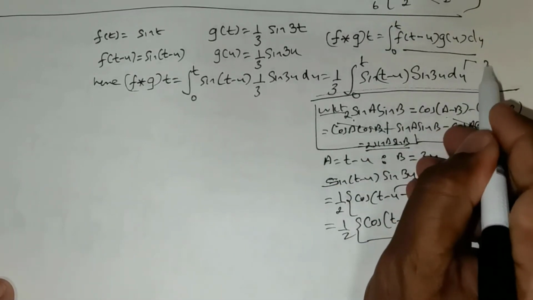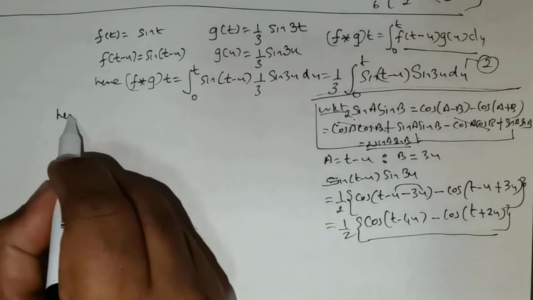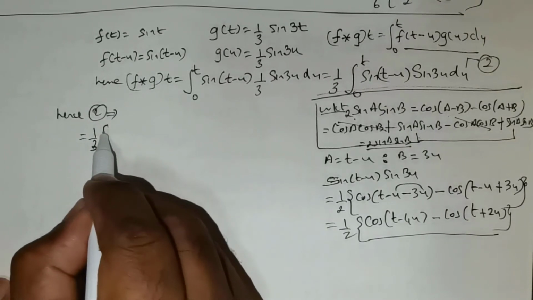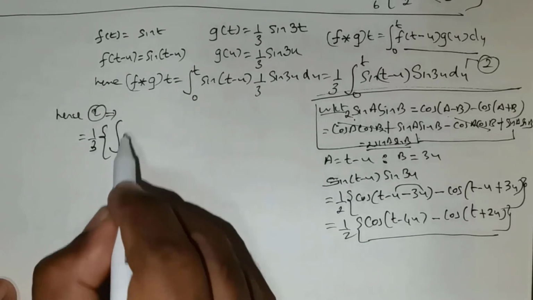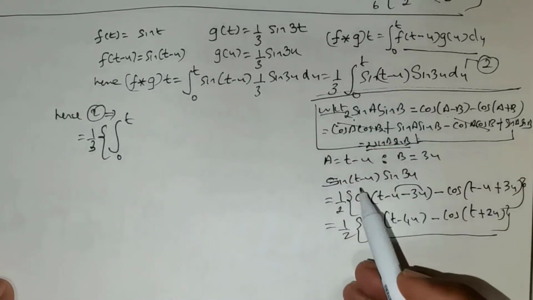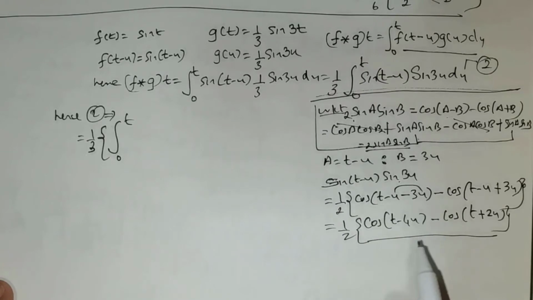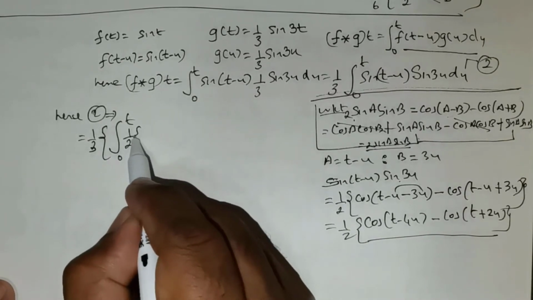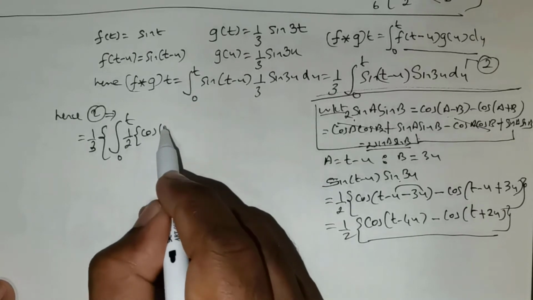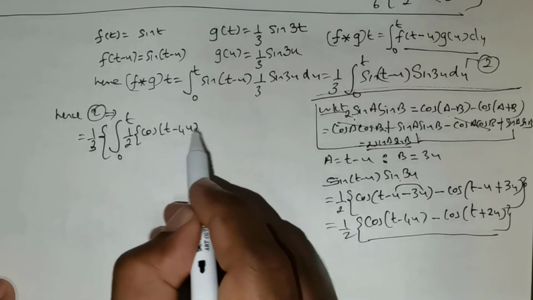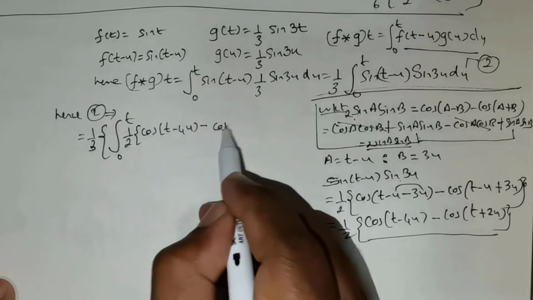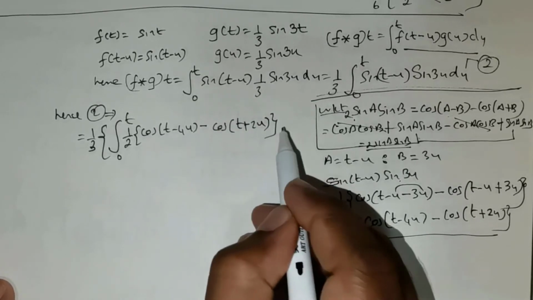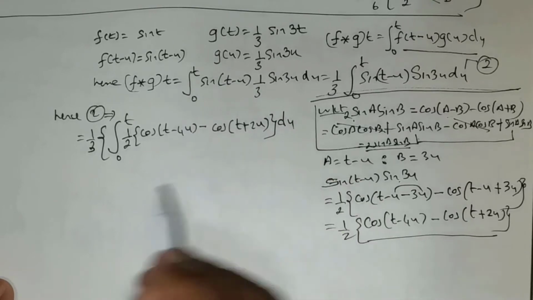So if I were to take this as 2, I can rewrite it as 1 over 3 times the integral from 0 to t. In place of sine of t minus u times sine of 3 times u, I'm going to substitute this. So this is going to be 1 over 2 times cos of t minus 4 times u minus cos of t plus 2u. This has to be multiplied with du.